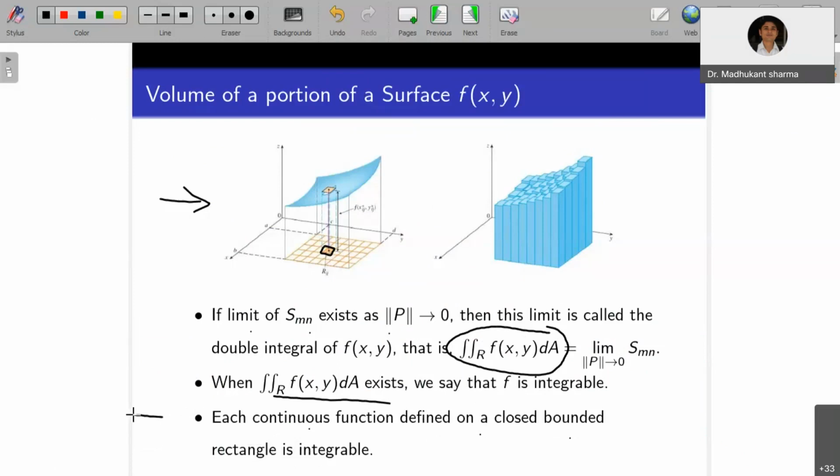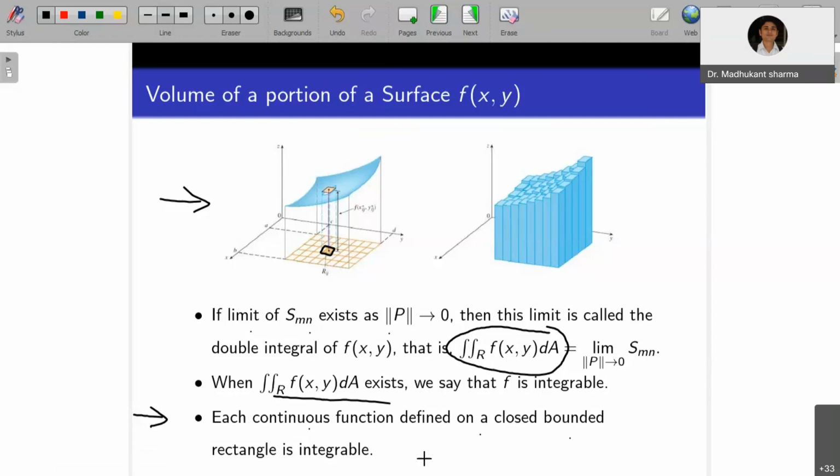As a definition we had: each continuous function defined on a closed bounded rectangle is integrable. You can observe this as a result: if you have a continuous function and a domain which is closed and bounded. What is the meaning of closed and bounded?